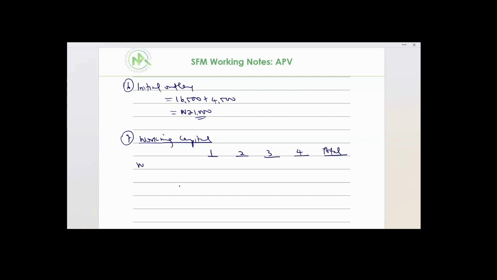So we are told that working capital is 15% on sales.